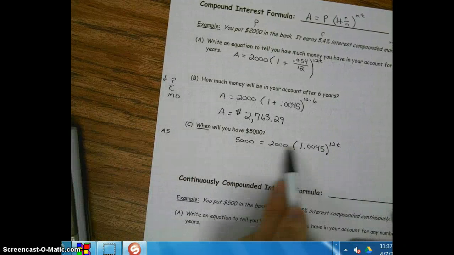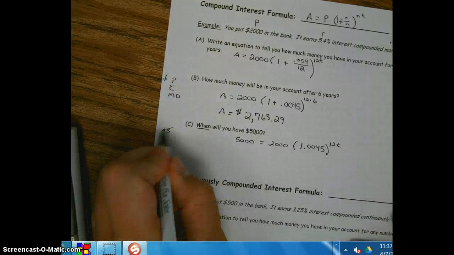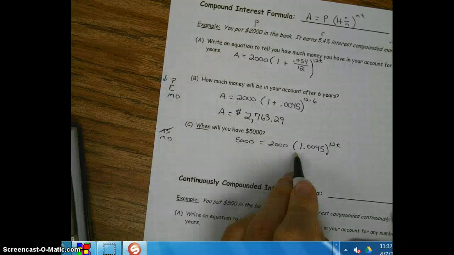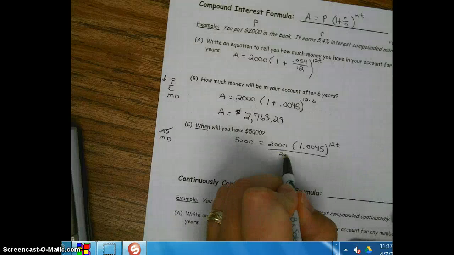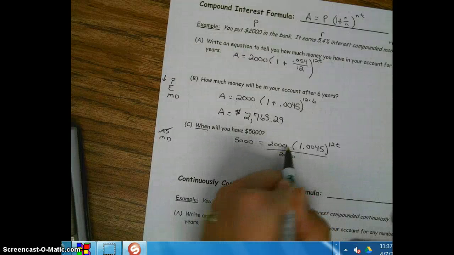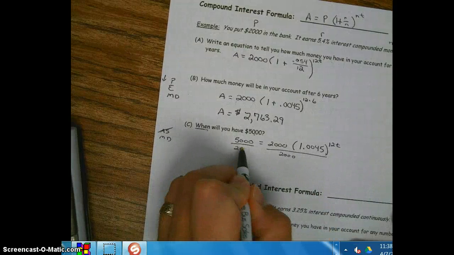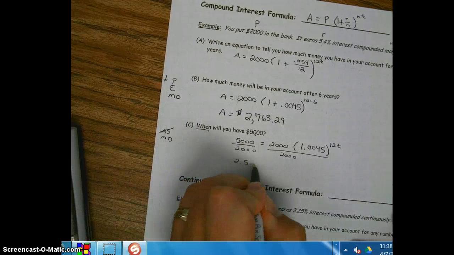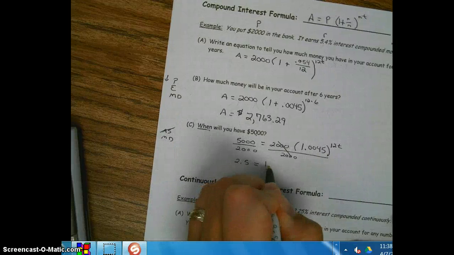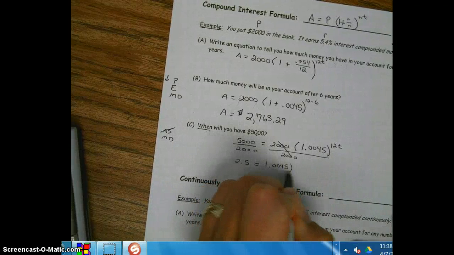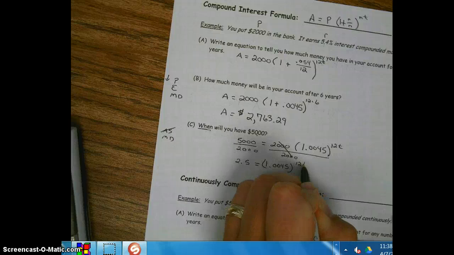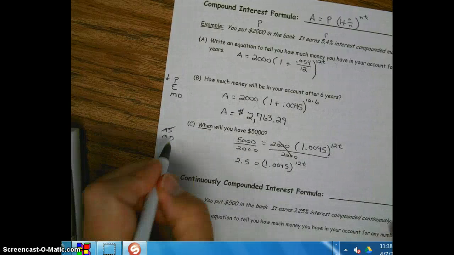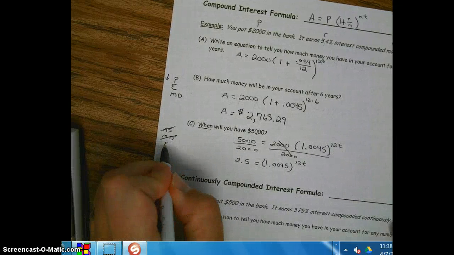So undoing any adding and subtracting, none. Any multiplying and dividing, yes. This is multiplication. So we get 2.5 equals. Then we undo any exponents.